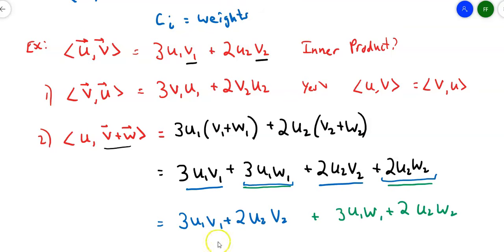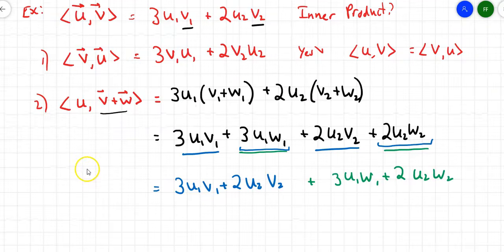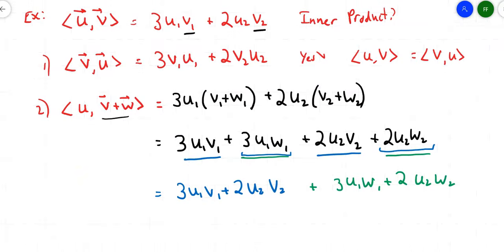Now, go back to the original definition of my inner product. This first piece here, 3u1 v1 plus 2u2 v2, that's just the original vector space, right? That's the inner product of u and v as it was already originally written. What is this green guy over here? This is u1 w1, u2 w2.